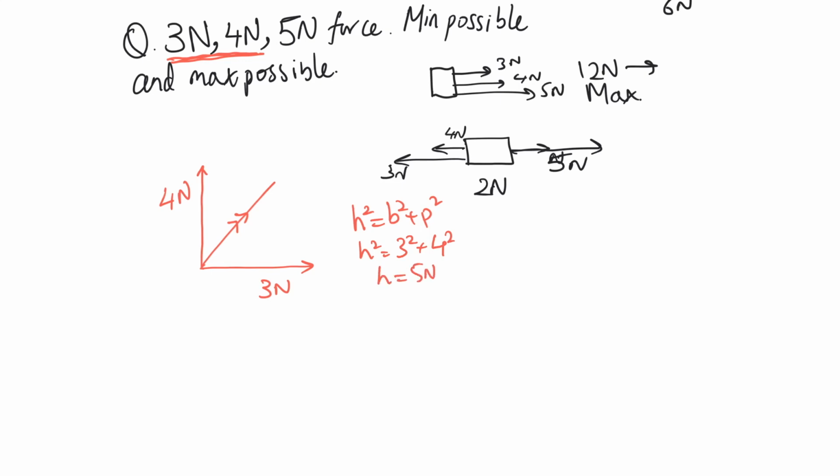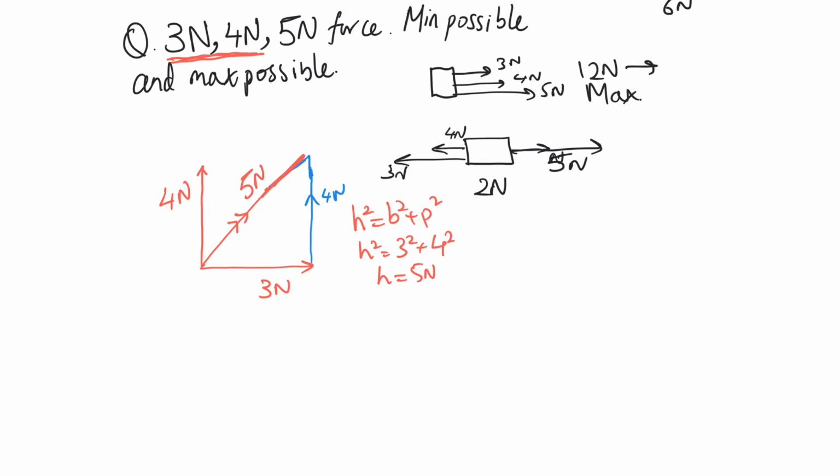newtons. And if you're having difficulty picturing it, basically you bring the 4 newton over here and extend this, and this is what your triangle looks like. So this hypotenuse over here is 5 newtons.